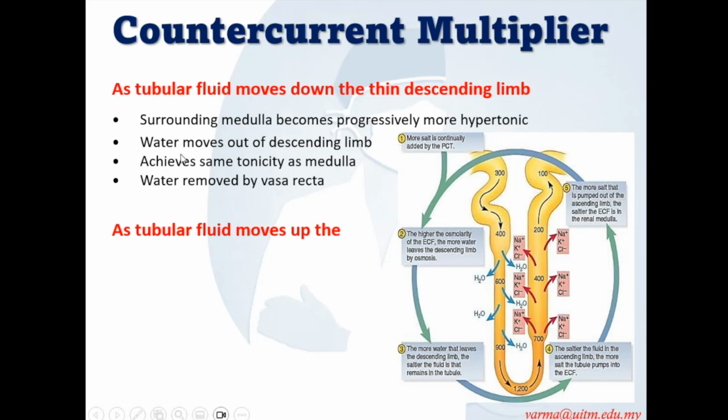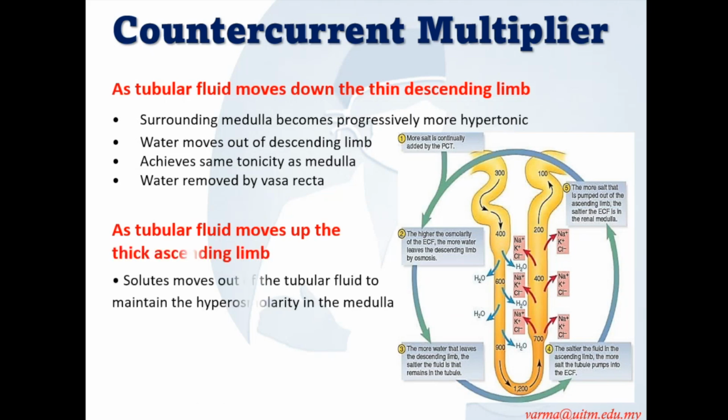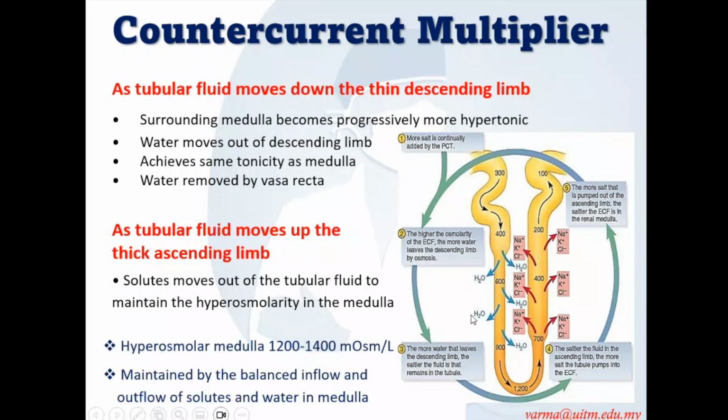It goes out. As the tubular fluid moves up the thick ascending limb, solute moves out because we know this part is impermeable to water. Solute moves out of the tubular fluid to maintain the hyperosmolarity in the medulla, whereas water does not.